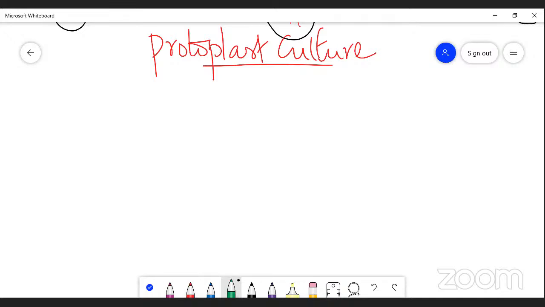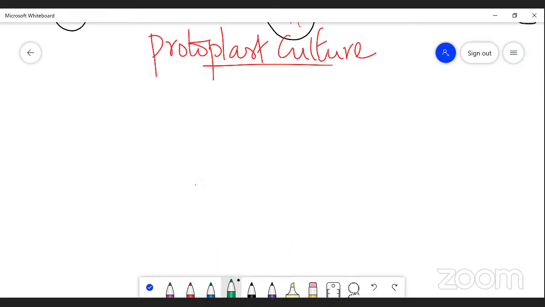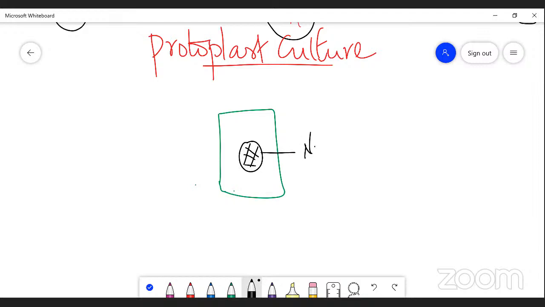Dear students, you should understand what protoplasts are. Now this is a cell, right? The cell always contains, at the center, a nucleus. Just around the nucleus you find cytoplasm.